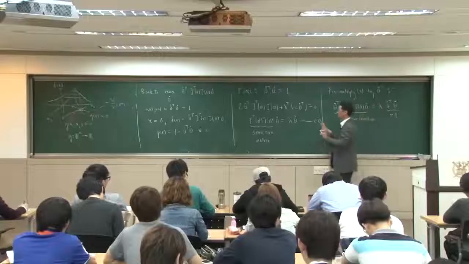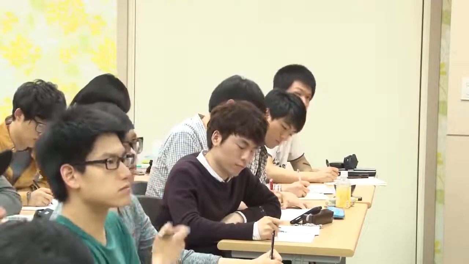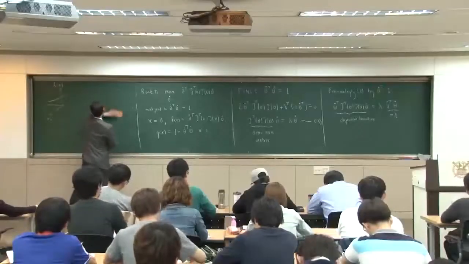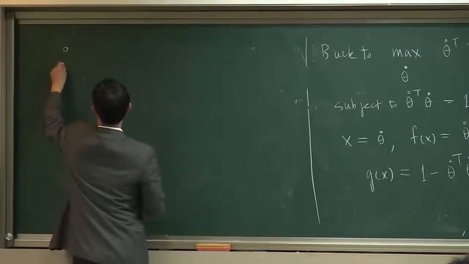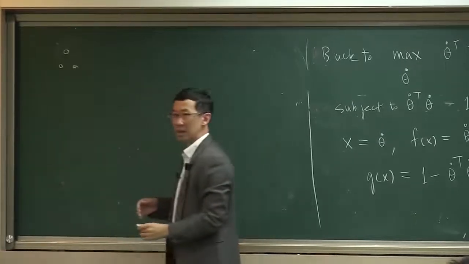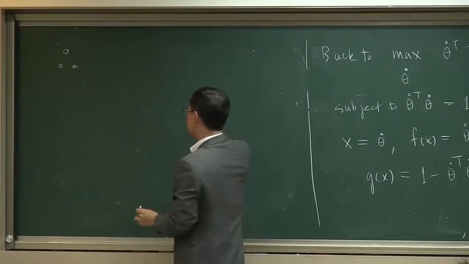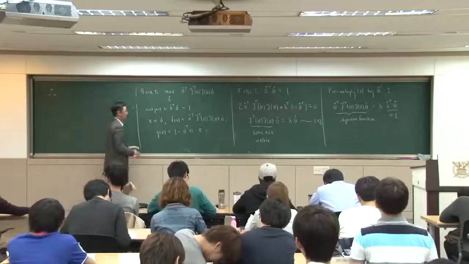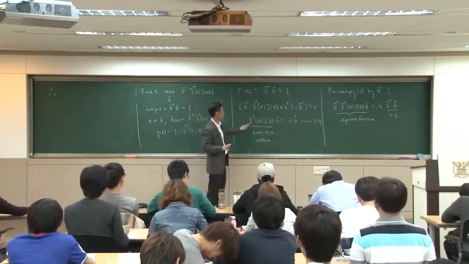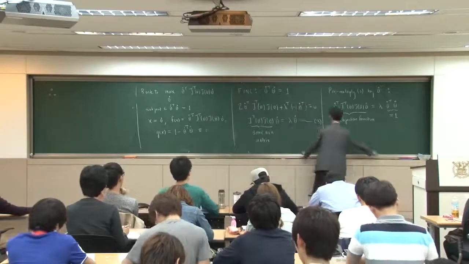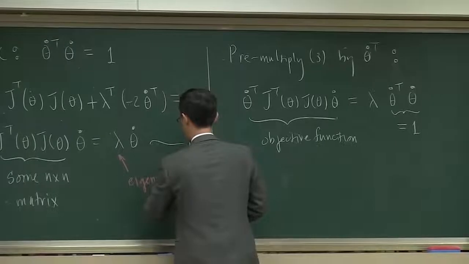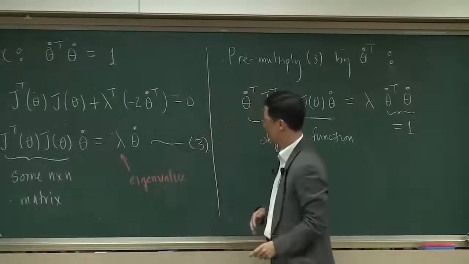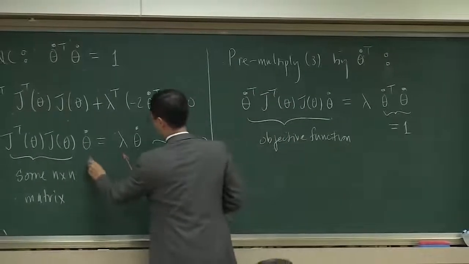Let's put all this together. Let's go back to here. This is an eigenvalue, and this is the eigenvector corresponding to the eigenvalue.